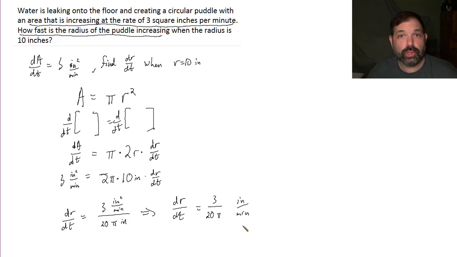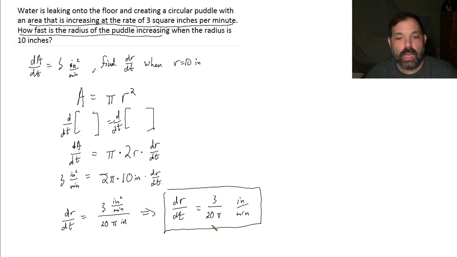If water's leaking onto the floor and the area is increasing, it should seem reasonable that the radius is also increasing, right? And we do end up with a positive value here for the dr dt. The radius is in inches, so it should seem reasonable that its change is in inches per minute. So here's the solution. dr dt is 3 over 20 pi inches per minute.